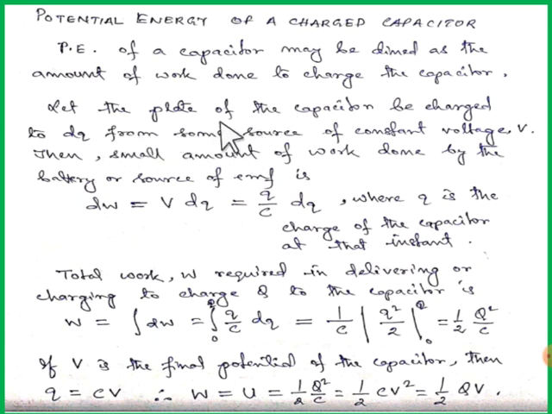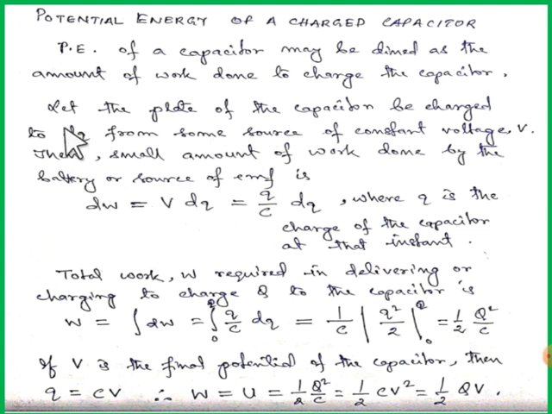So let the plate of the capacitor be charged to dq. Let's try to find out: that small amount of charge dq is transferred from the source of EMF having, say, a constant voltage V. Okay, then what happened? The small amount of work done by the battery, or by the source of EMF or any source, let that work done be denoted by dW.